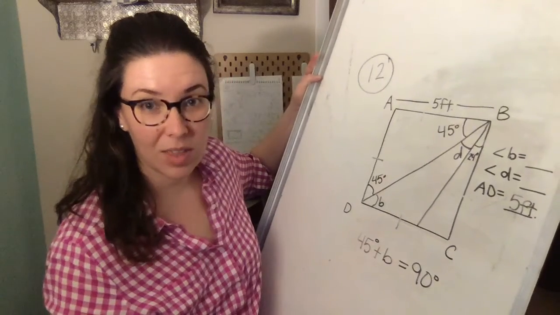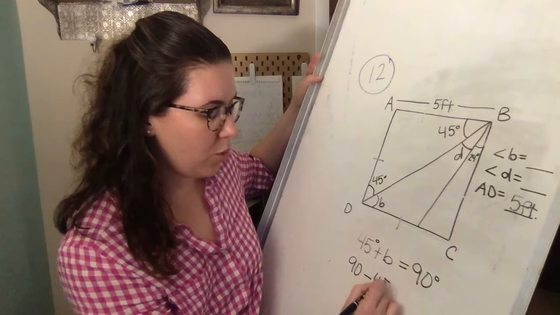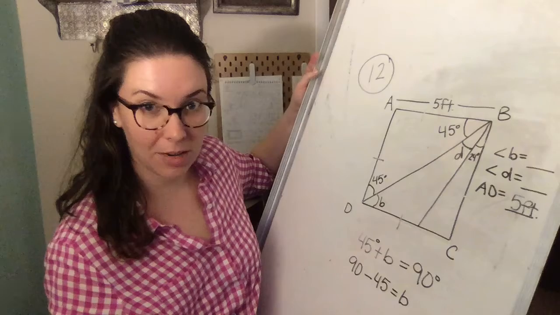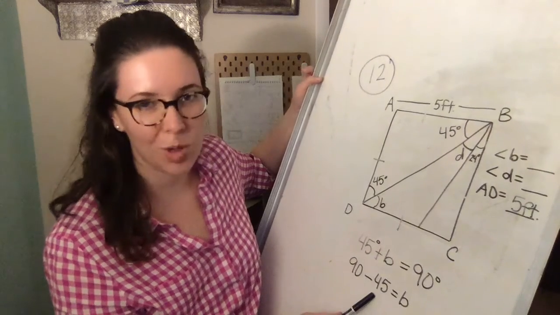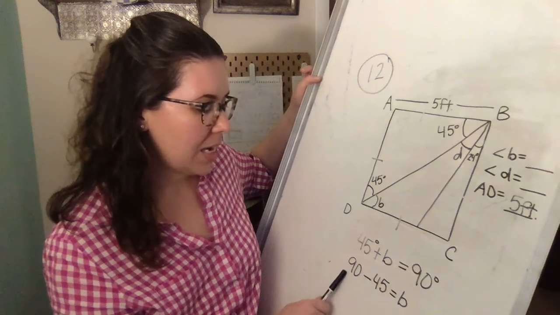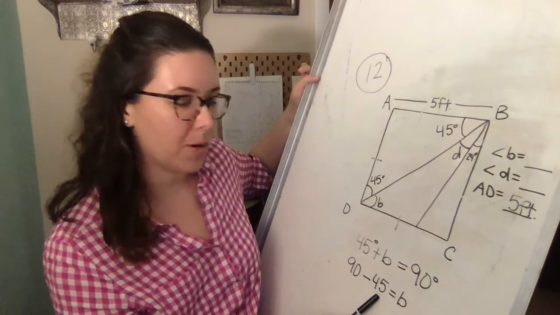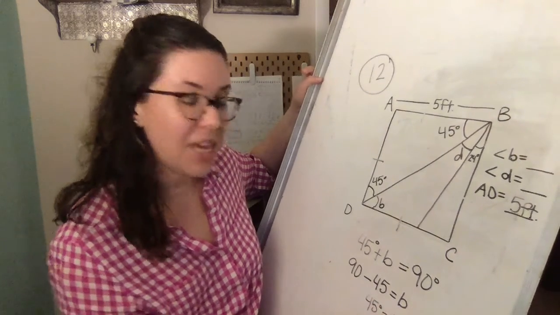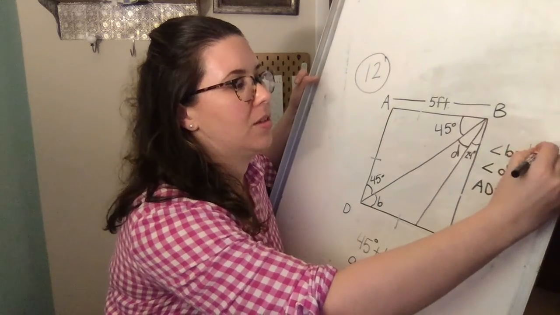Another way to think of this is 90 degrees take away 45 will give me whatever B is going to be, right? And I think to myself, 90 take away 45, if I want to do it mental math, I can say 90 take away 40 is 50, take away 5 more is 45. B is 45 degrees.